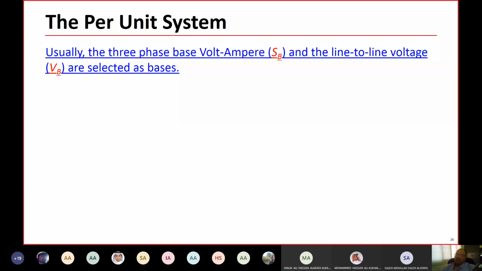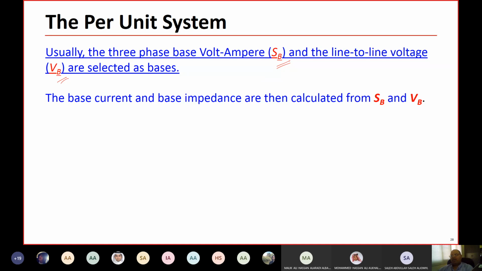So in the per unit system, we select the rated power and the rated voltage, line-to-line voltage, as a basis. Arbitrarily, you can select any values, and if you select these values, then you can calculate the base current and the base impedance.